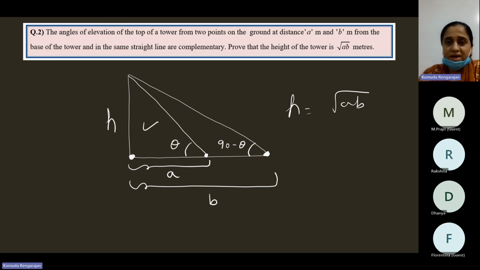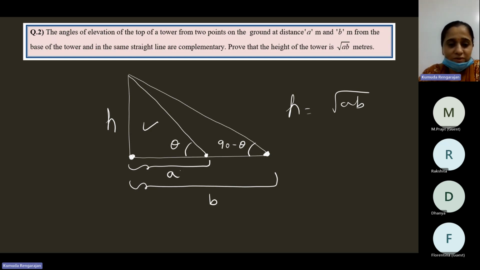So when you take this triangle, what will you get? Tan theta is equal to H by A. When you take the bigger triangle, tan 90 minus theta is equal to H by B. That's all.